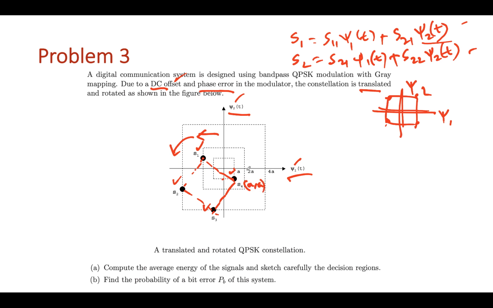Now this is twice A, so S1 has a psi 1 coordinate of twice A and a psi 2 coordinate of A. See if you agree with me.